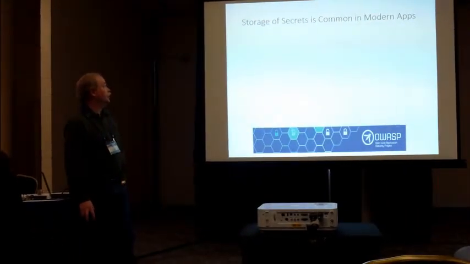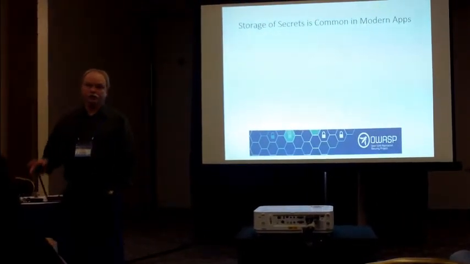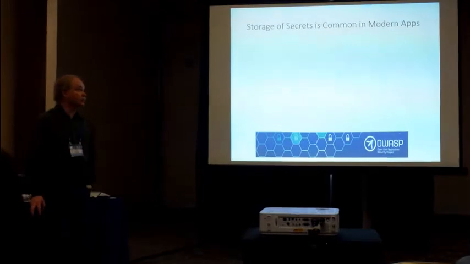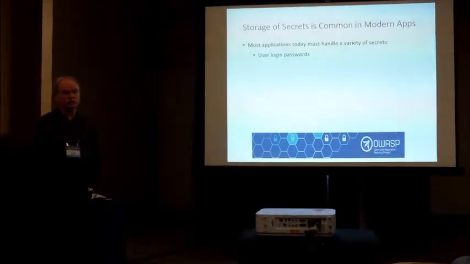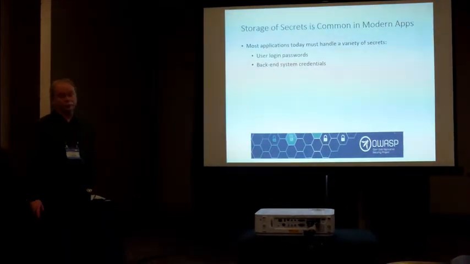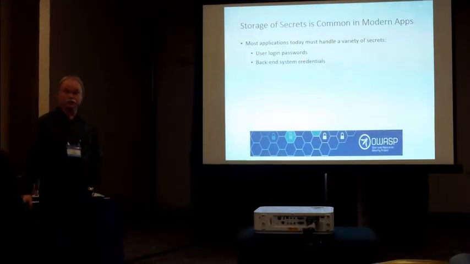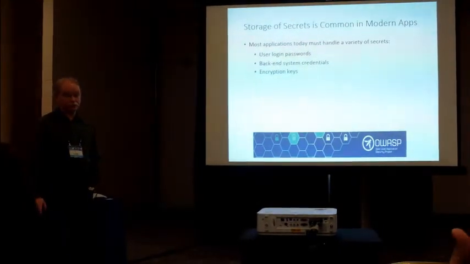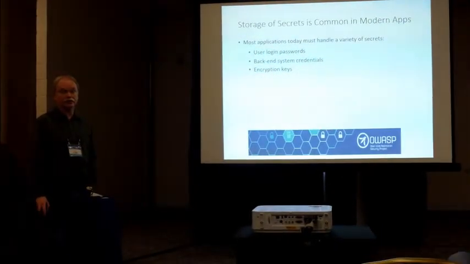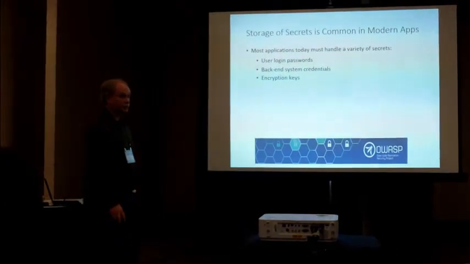And let's get going. So, almost all of your apps, you wouldn't be here if you didn't have to store secrets, and every modern app has them. User login passwords, of course, credentials to your back-end systems, to your database, and to microservices and so on. Encryption keys, so if you're smart and you've got sensitive data, you're encrypting it in a database.